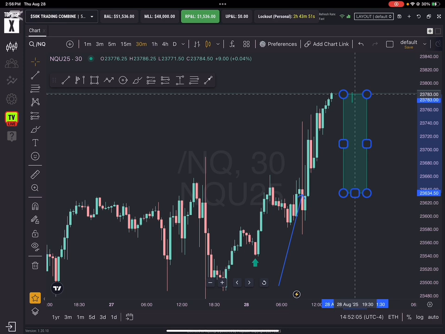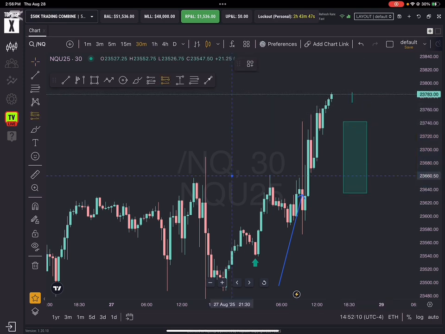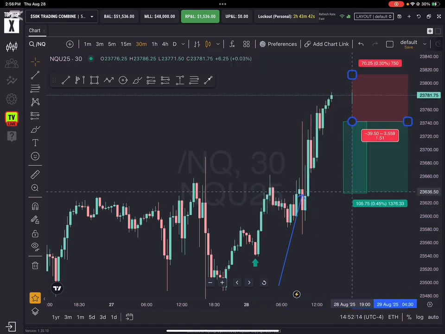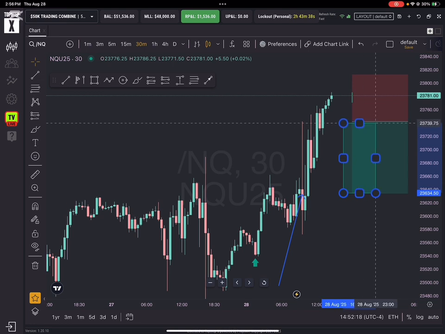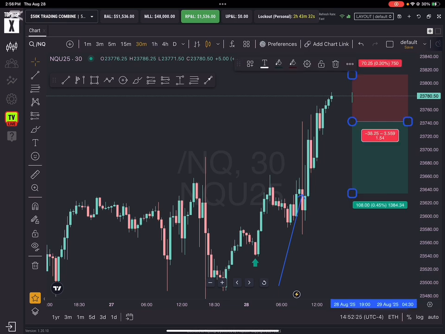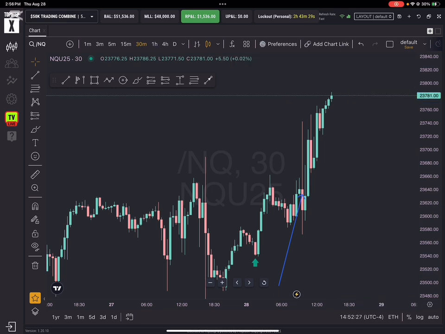So I waited for price to start driving down, and then I entered a sell position. Boom. My target was just the bottom of the candlestick. So all I had to wait for is the candlestick to drive all the way down and hit that TP. That's it, guys. Simple as that.